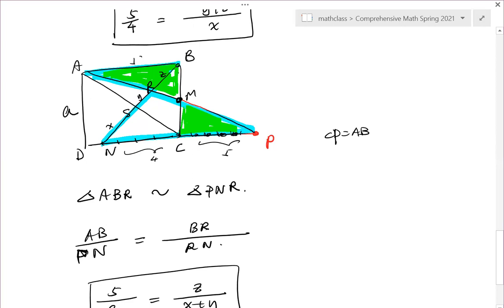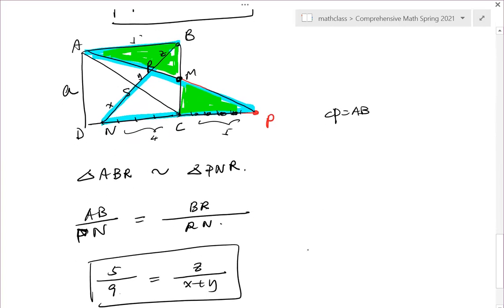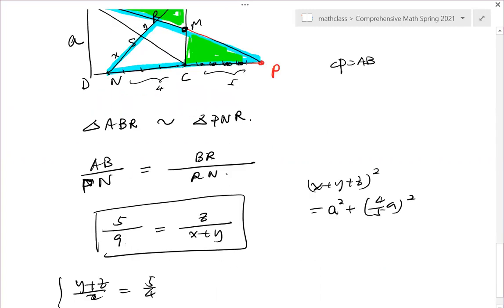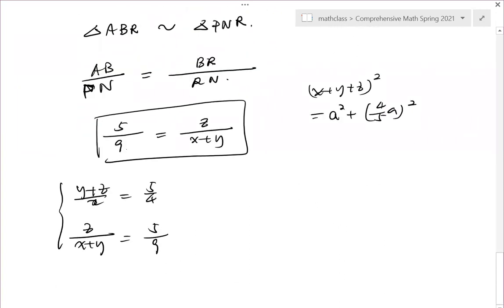Here another equation could be x plus y plus z squared is going to be, one side is a squared, the other one is 4 over 5 a. Using that, you can get a third equation in x, y, z. Then you can uniquely express x, y, z.